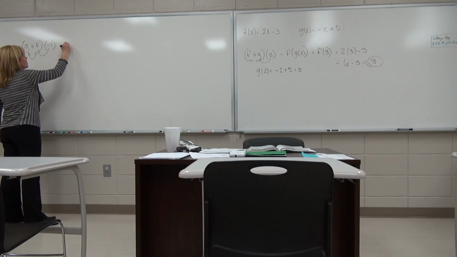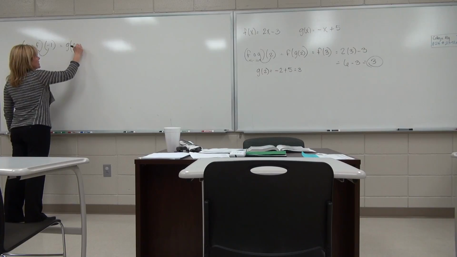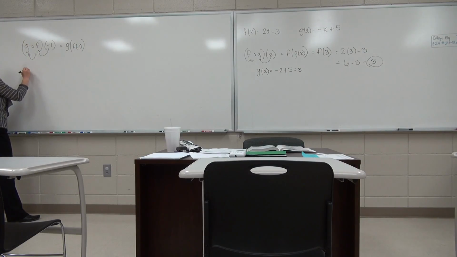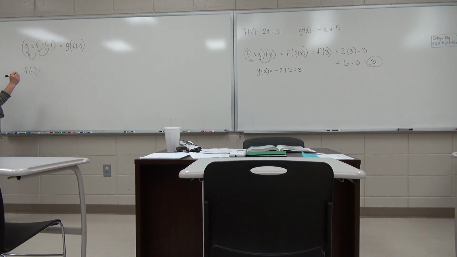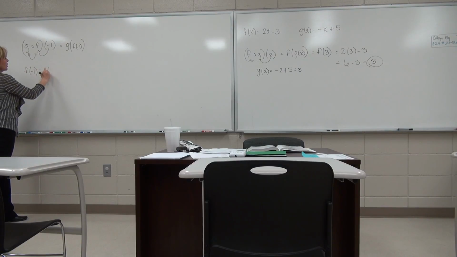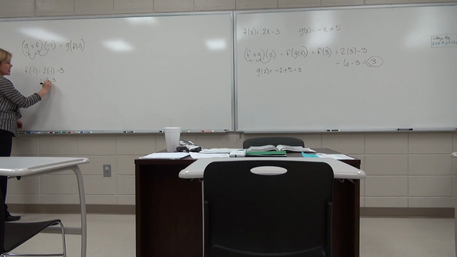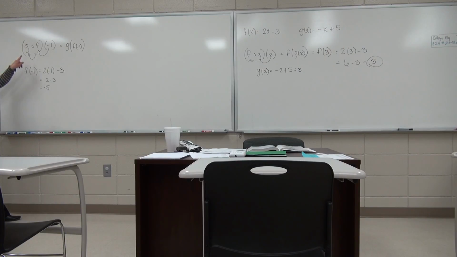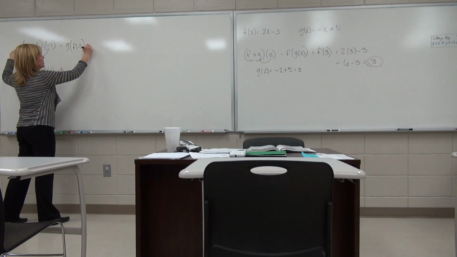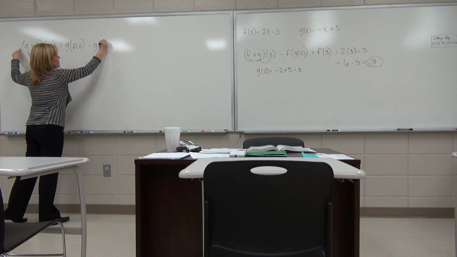So first of all, let's find what's f of negative 1. That's going to be 2 times negative 1 minus 3, or negative 2 minus 3, which is negative 5. So now I need to put the negative 5 into my g function. So that's g of negative 5.